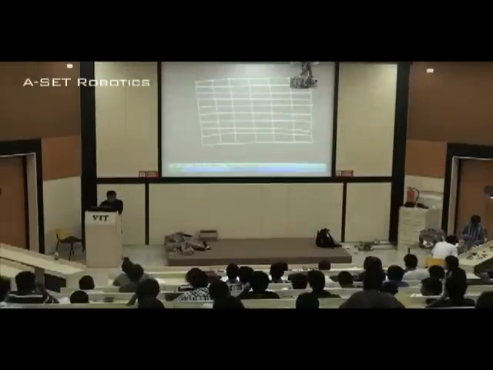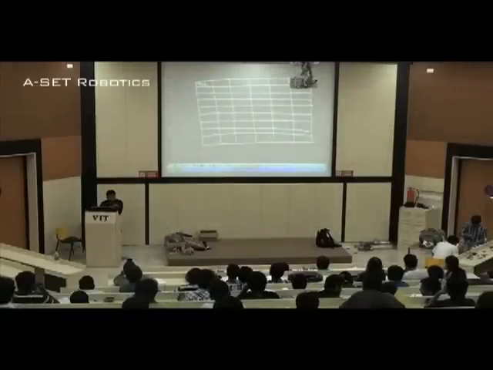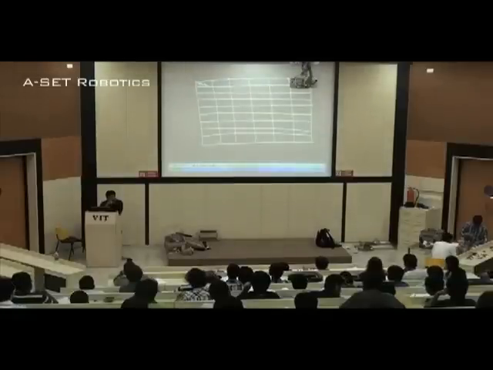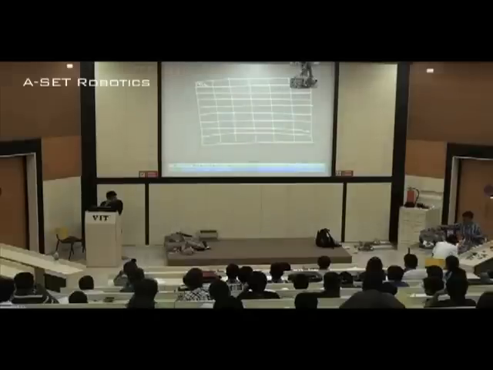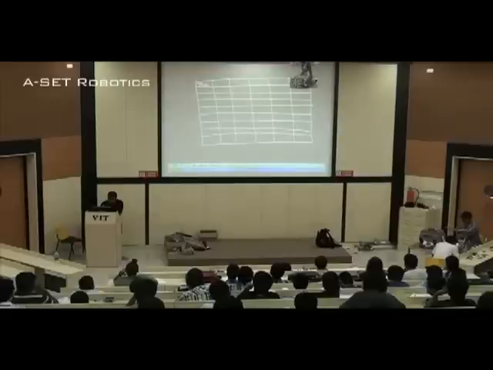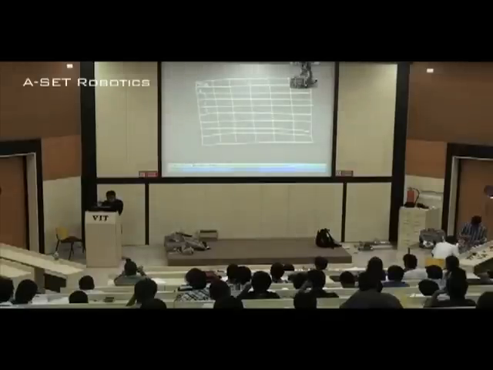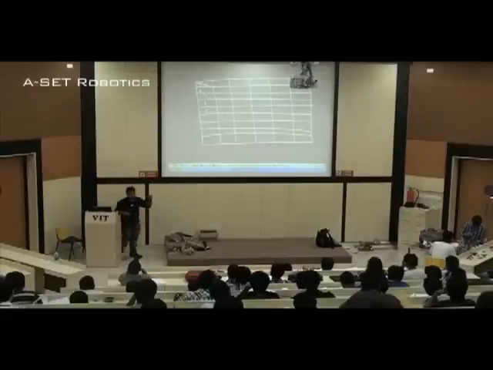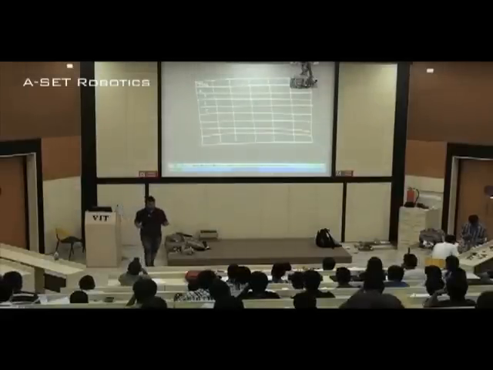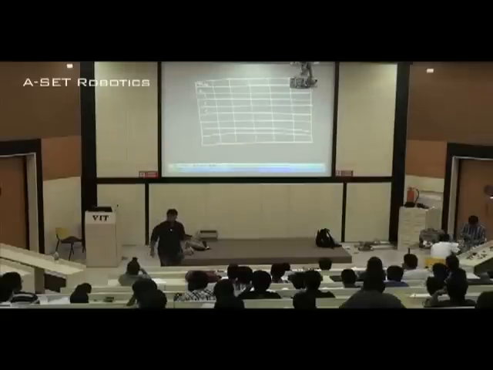Now every single block would have an address. Let's say the address of this is 1, 2, 3, 4, 5 till whatever it is, right? Every single block can be accessed by an address, right?